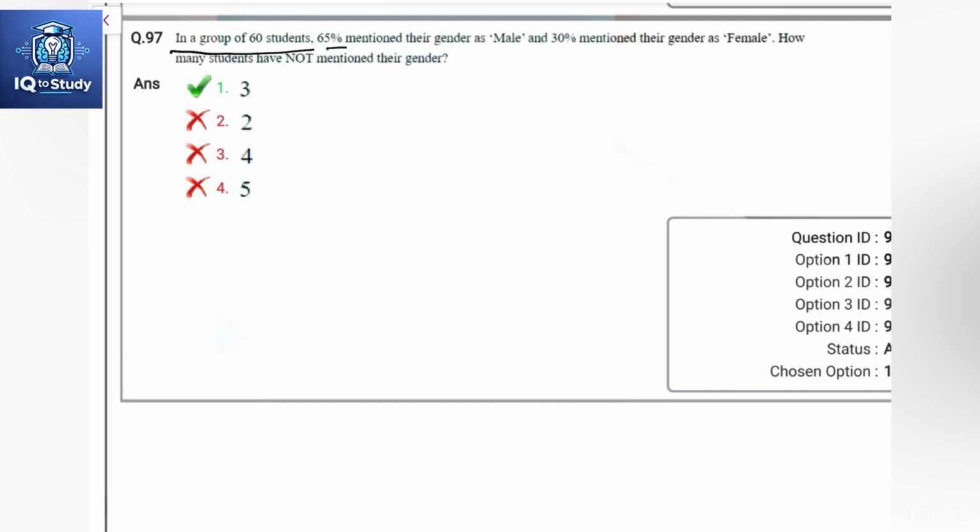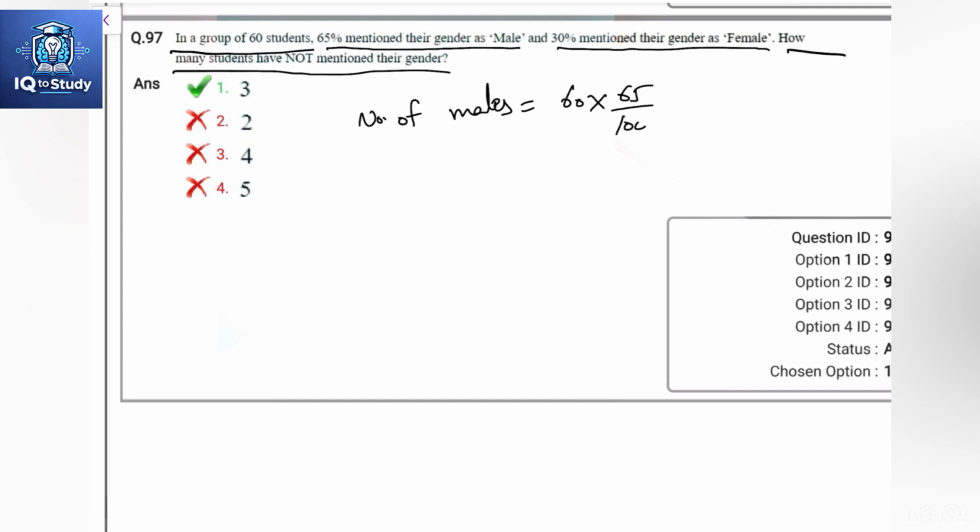In a group of 60 students, 65% mentioned their gender as male, 30% mentioned their gender as female. How many students have not mentioned their gender? According to the question, number of males is equal to 60 into 65 by 100, which is equal to 39, and number of females is equal to 60 into 30 by 100, which is equal to 18.